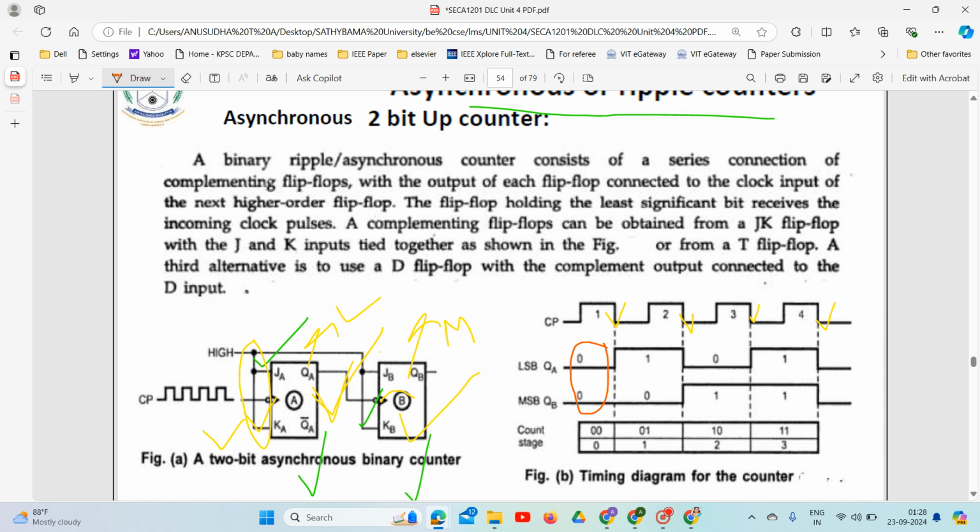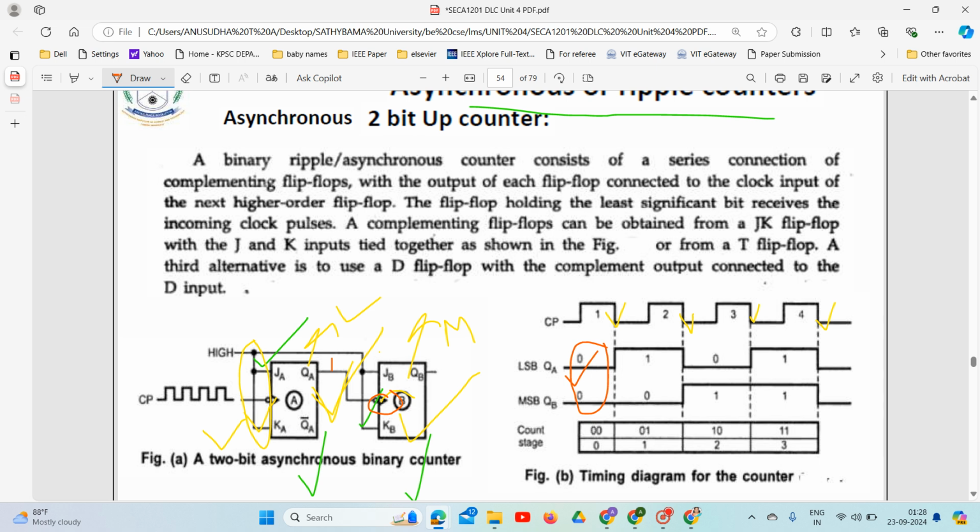Q is equal to 0, so it toggles to 1 for the first clock pulse. For the second flip-flop, JB and KB both are 1, but its clock pulse is the QA output. What is the QA output? It is a 0.